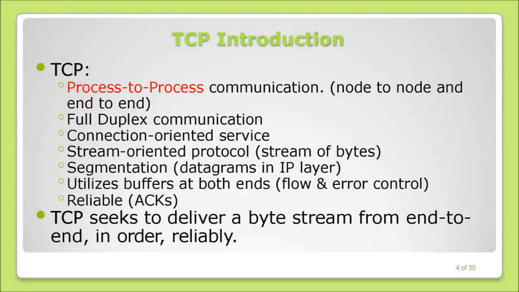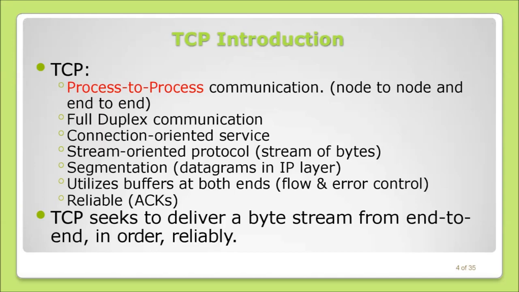TCP introduction. Transmission Control Protocol is used for different purposes, and some of the main features of the TCP protocol are discussed here. First of all is process to process communication.